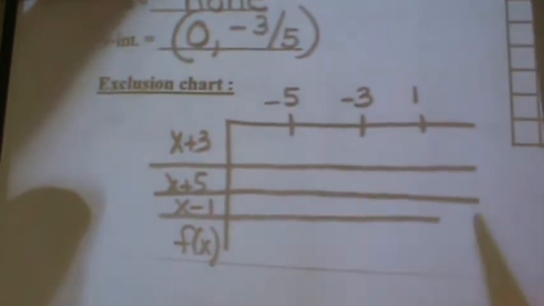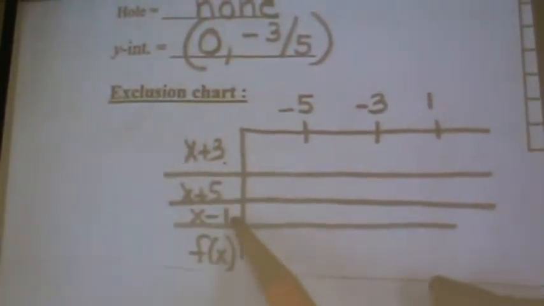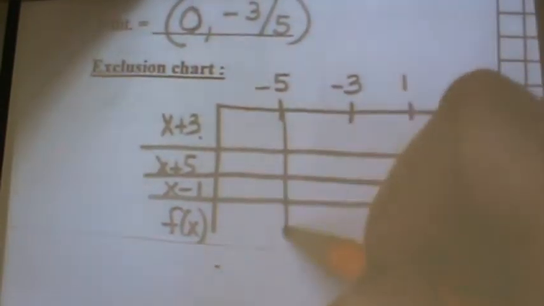First -5, then -3, and then 1. And we're gonna put x plus 3, x plus 5, x minus 1, and f of x.